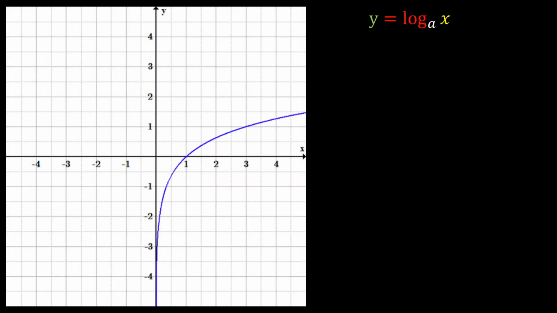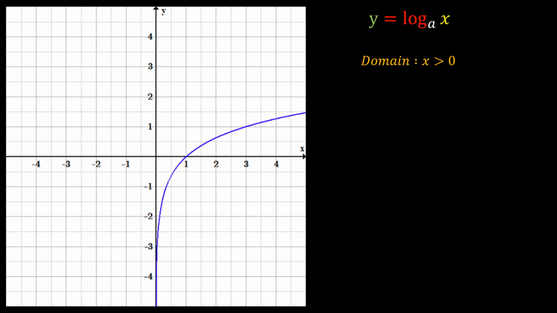Okay, so this is now the graph of the logarithm function, y equals logarithm base a of x. Now, see in this graph, number 1, this graph covers this side from the x axis, and the 0 is not inclusive. So here we can find that the domain of this function is all numbers bigger than 0.